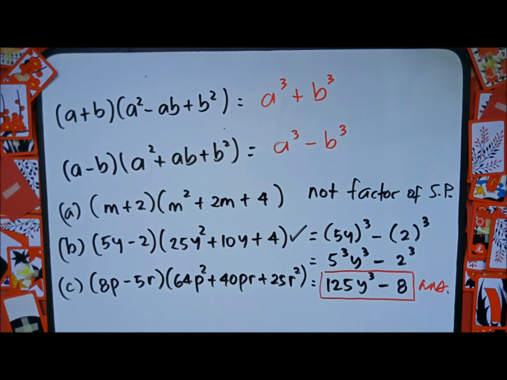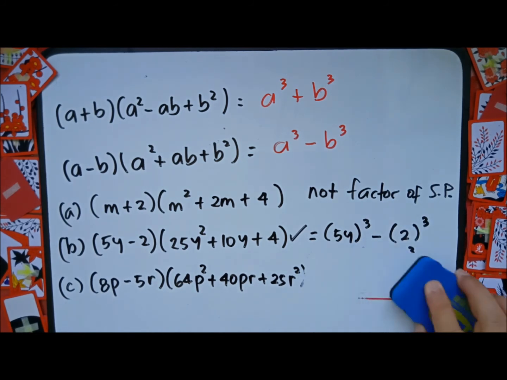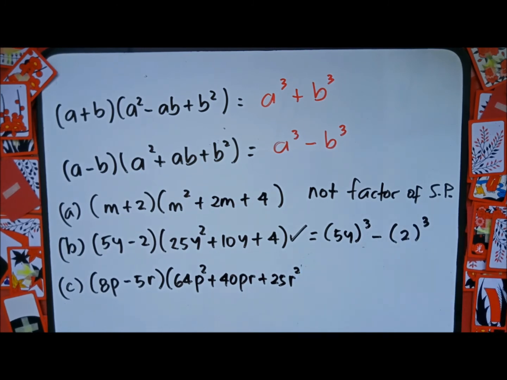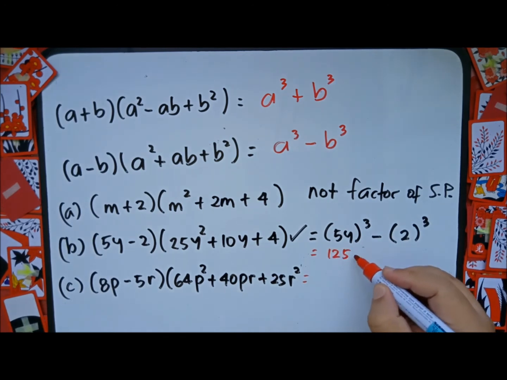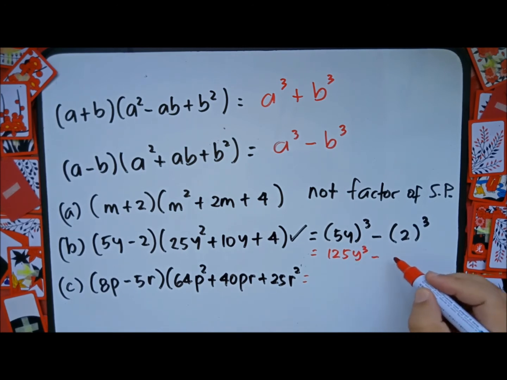Okay. Let us remove this now. So your answer here is 125 y cubed minus 8.